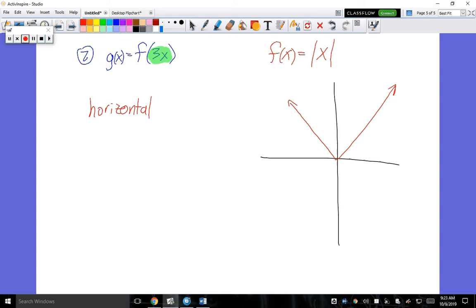A stretch. It looks like a stretch because it's bigger than what? 1. It's like tripling the height. Okay? So it looks like a horizontal stretch by 3, but we're going to say it's with the x. So we're going to do the opposite. So we're going to say what? Horizontal compression. Compression by a factor of 1/3. You have to take the reciprocal.